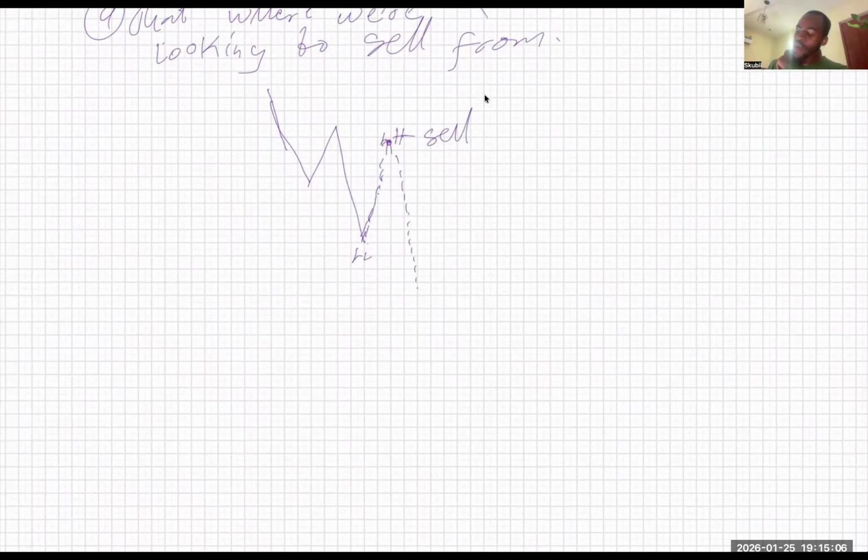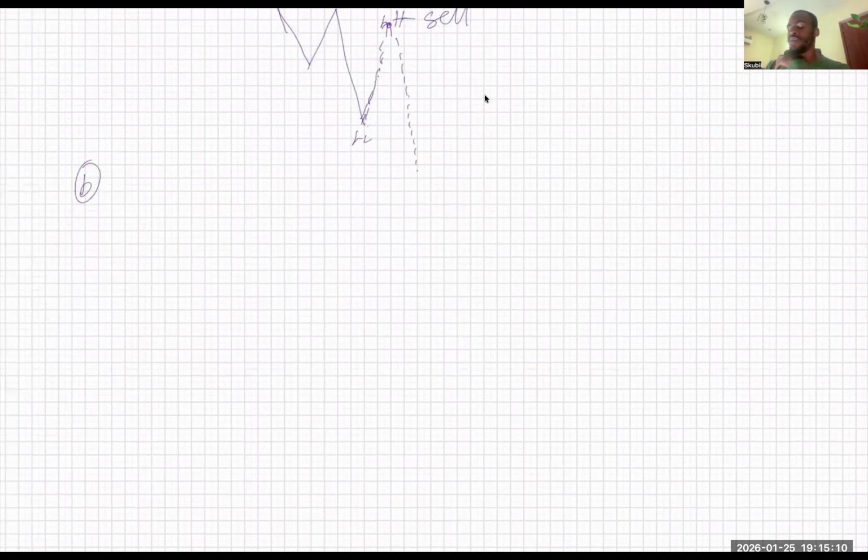Now, the second reason why we are paying attention to lower highs in the downtrend is because whenever we have a downtrend and price breaks above a previous lower high, we have a shift in market structure.